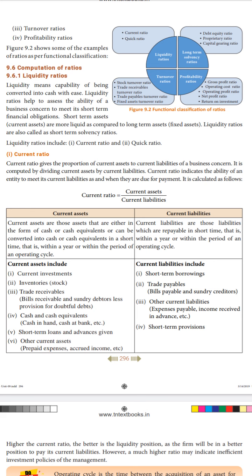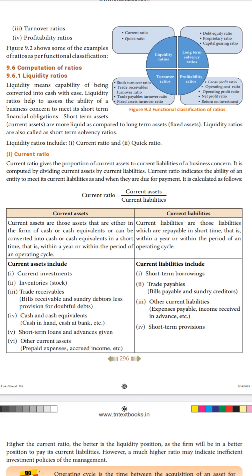Then moving on to current liabilities. So what will be the current liabilities? These are the liabilities which are repayable in the short term, that is, if we have got a certain amount of loan or short-term borrowings which are to be repaid within a year, then we call it a current liability.